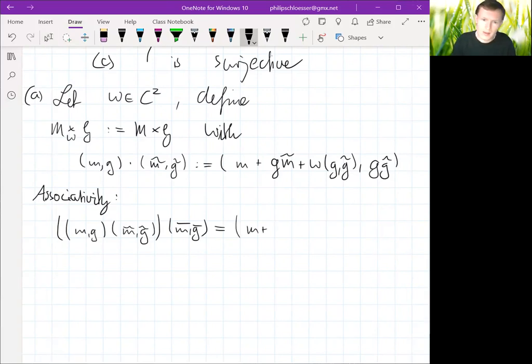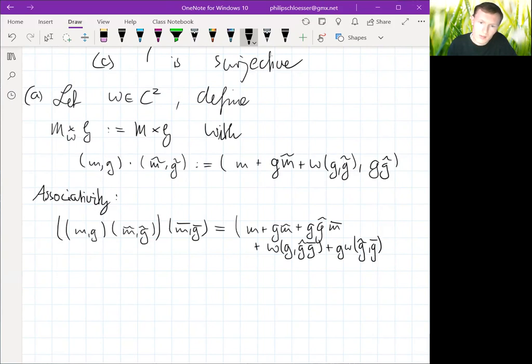We have m plus g m tilde plus g tilde m bar. Then we have a couple of co-cycles. We have omega g tilde g bar, and then we have g times omega g tilde g bar. And then we have g tilde g bar.